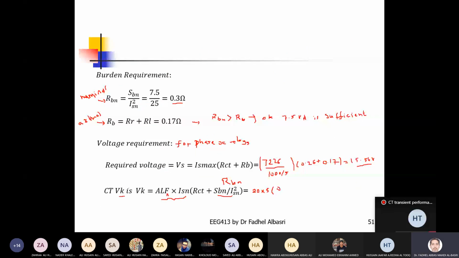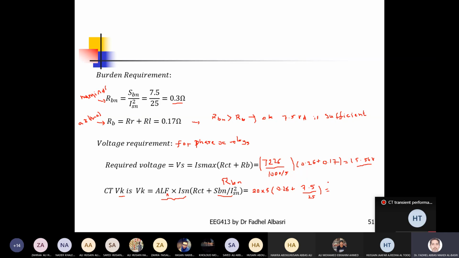So RCT is 0.26 plus the R burden. Sorry, S burden, volt ampere, divided by 25.